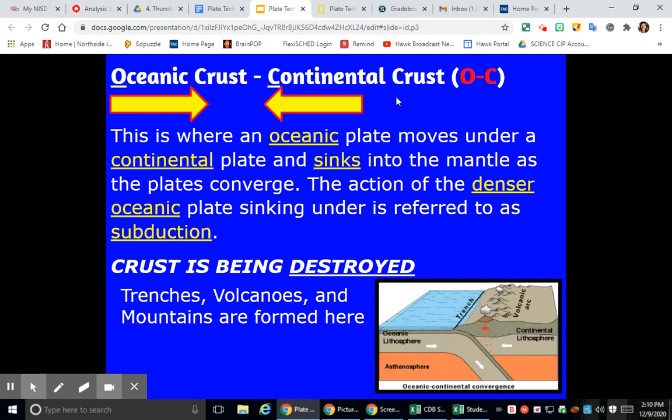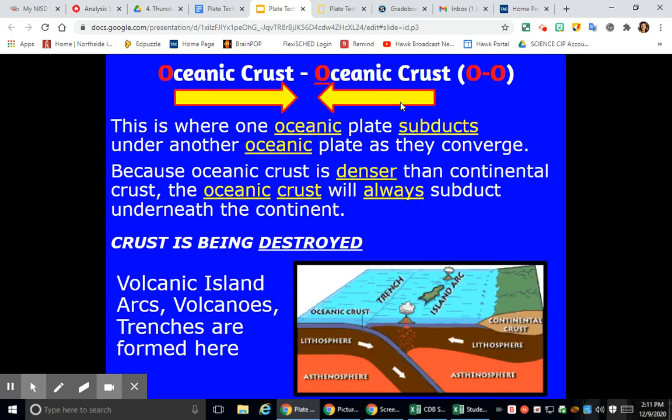So we want to talk about the type of crusts that are converging. Here we have an oceanic crust and an oceanic crust converging. This is where one oceanic plate subducts under another oceanic plate as they converge. Because the oceanic crust is denser than the continental crust, the oceanic crust will always subduct underneath the continent. So when we talk about oceanic, what we have here is an oceanic subducting under another oceanic plate.